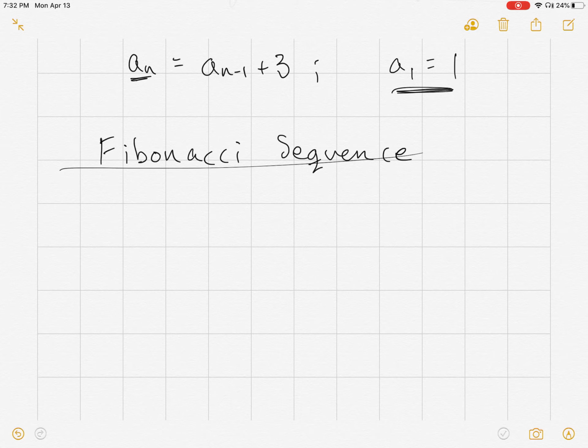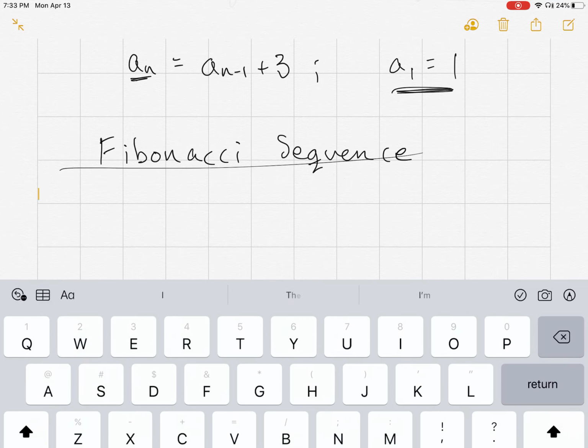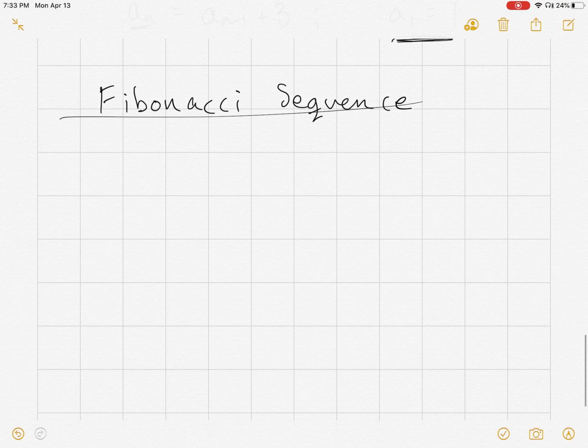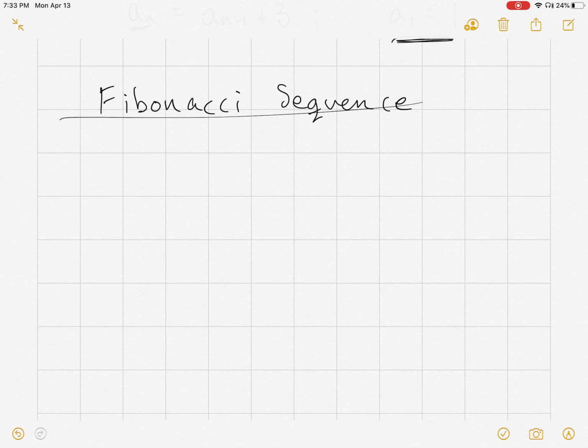Things like the golden ratio and the Fibonacci spiral can be really interesting to look at and think about. For now, I'm just going to describe what the Fibonacci sequence is, so we can see another example of how these recursively defined sequences are defined.